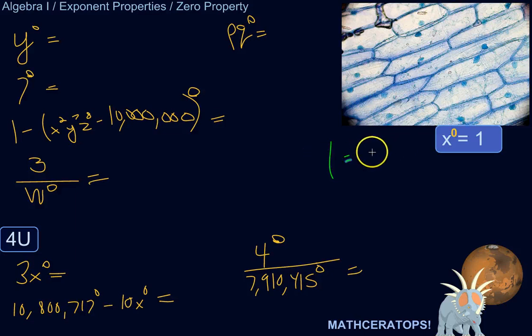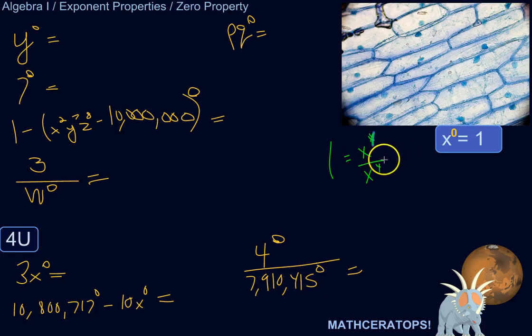Well, I'm going to call it x to the fourth over x to the fourth. I could have picked anything over itself. That's one way to write the number 1. Anything divided by itself is 1, right? So whatever x is, let's say it's 2, 2 to the fourth divided by 2 to the fourth would be 1.